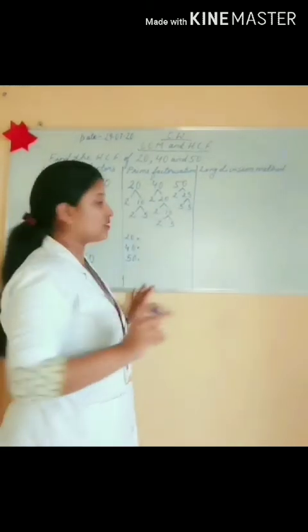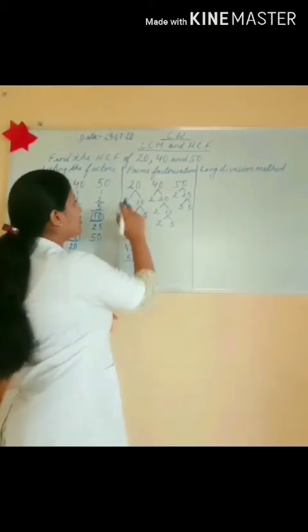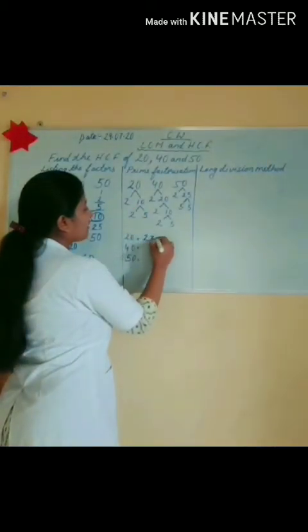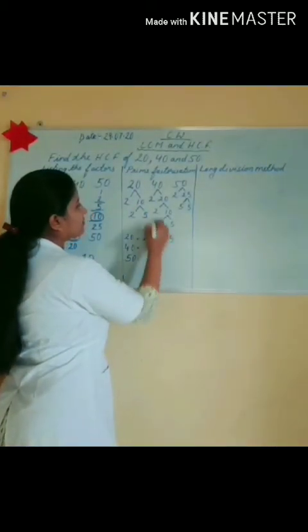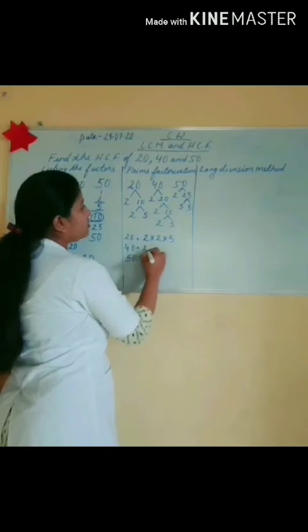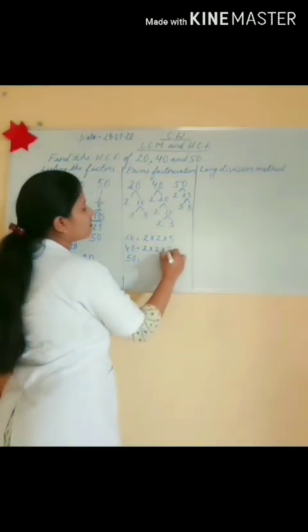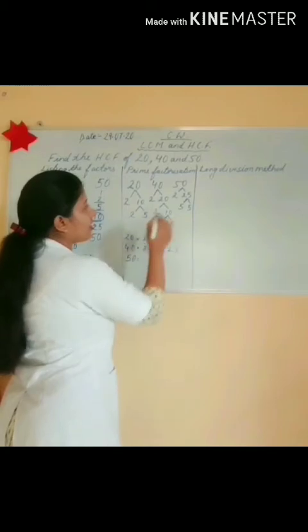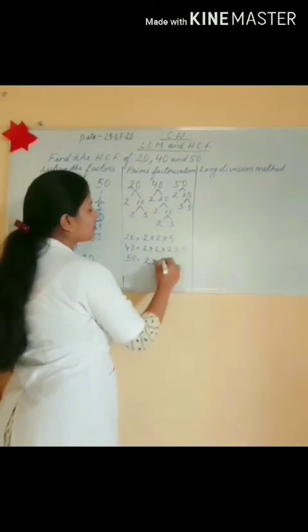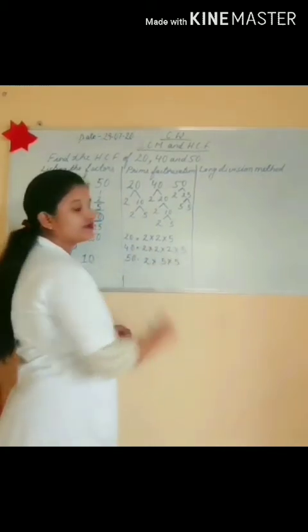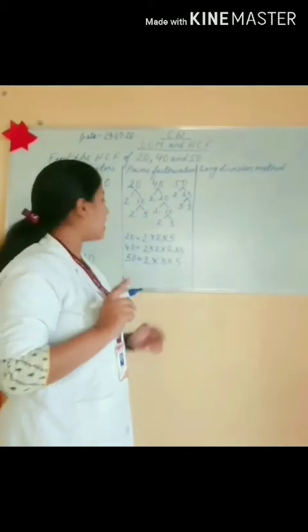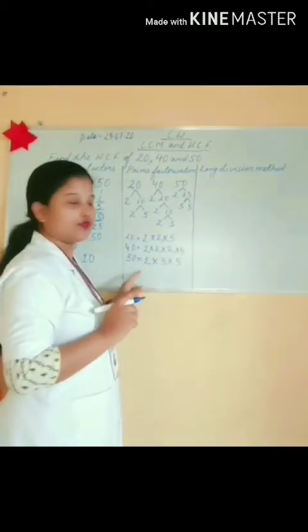Now you will write the prime factors of 20, 40 and 50. 20, 2 times 2 times 5. 40, 2 times 2 times 2 times 5. 50, 2 times 5 times 5. Now we have to find out the numbers which are common to 20, 40 and 50.